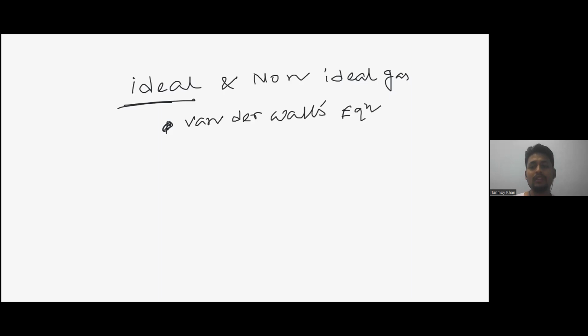If you think about the imaginary gas which is having only intermolecular repulsion, it will look like P(V minus nB) equals nRT, right? Because B is the interatomic repulsion parameter. So this is an imaginary gas I'm talking about, but it will fulfill our purpose of plotting it.